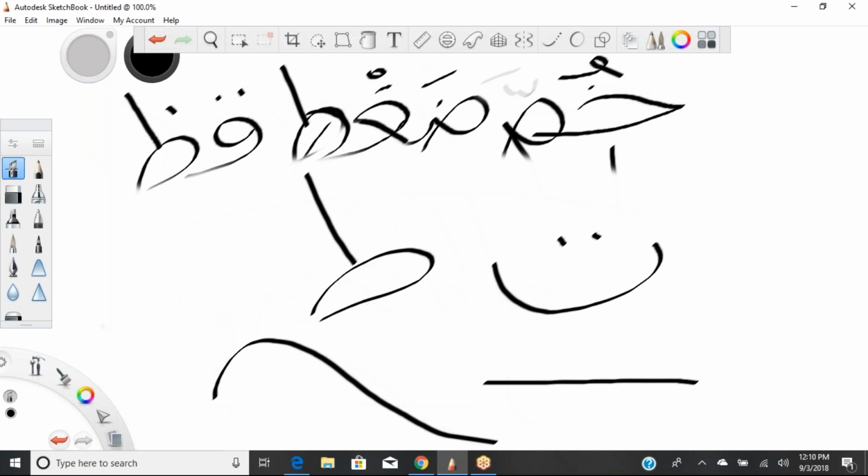Now, one of the mistakes that people make, they say, Ihdina sirat al-mustaqim. No, it's mustaqim. It's not mustaqim with a to, this is a ta. The word is mustaqim.